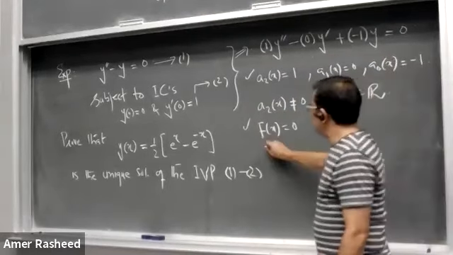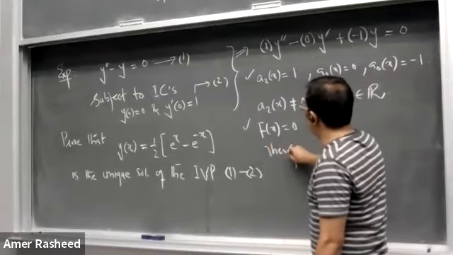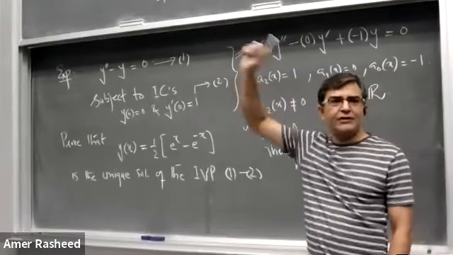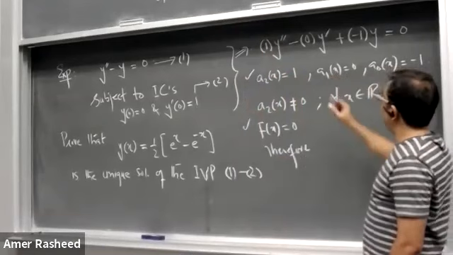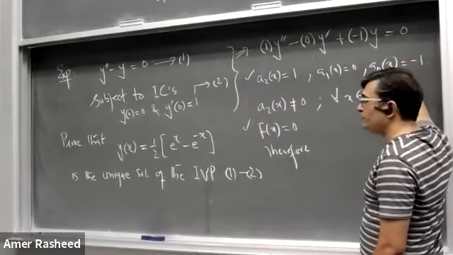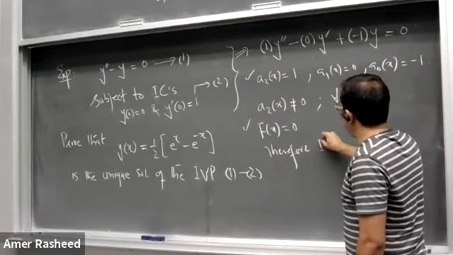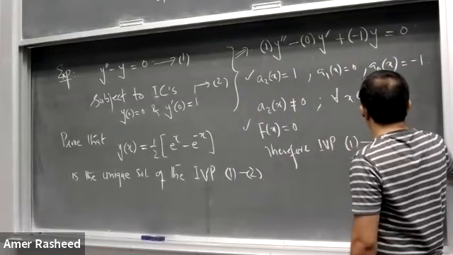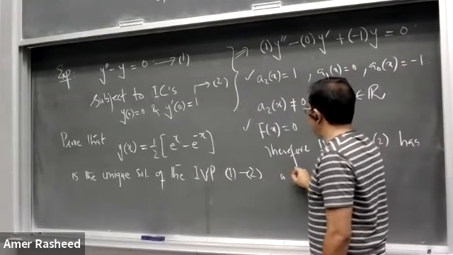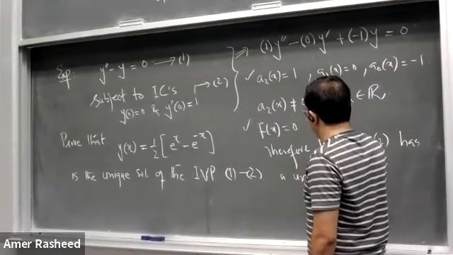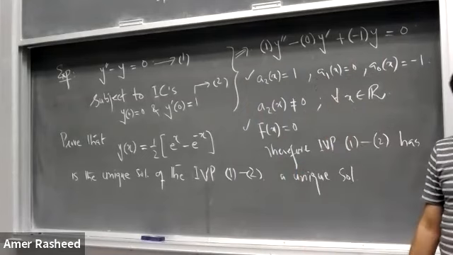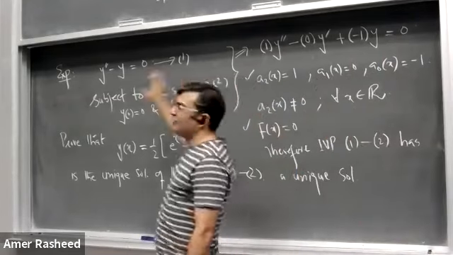Therefore, according to that theorem which I told you, equation 1 along with 2, that is IVP 1, 2, has a unique solution. Now we are sure that this problem has a unique solution.